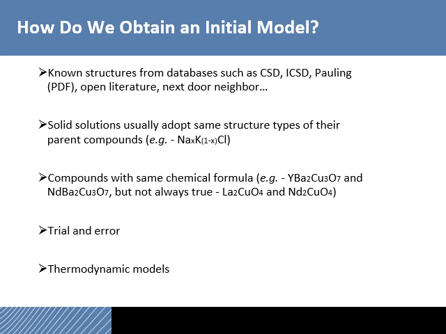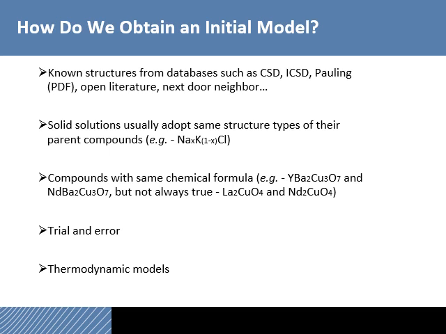The idea behind this is that if you can't find a precise structure for whatever it is you're looking for, you might be able to substitute something else for it. Compounds with the same chemical formula. This sometimes is true, but not always true. An example, of course, is here we've got listed yttrium barium copper oxide, right?